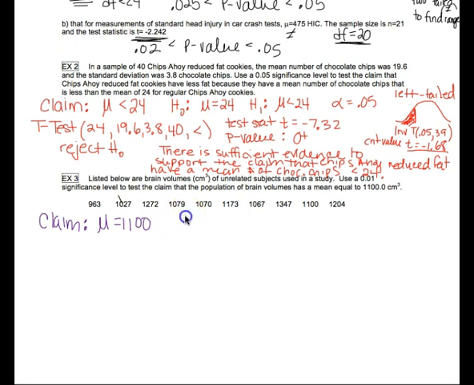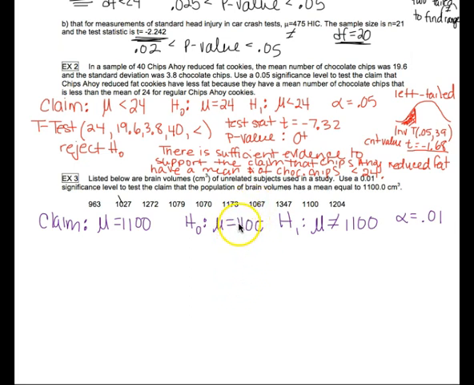So equal is always the null, so that claim is our null hypothesis as well. Our alternative hypothesis then, whenever our claim is an equals, our alternative is a not equals. We know that we're using alpha equals 0.01 here.